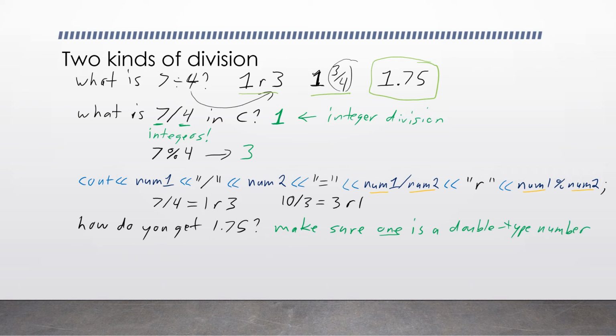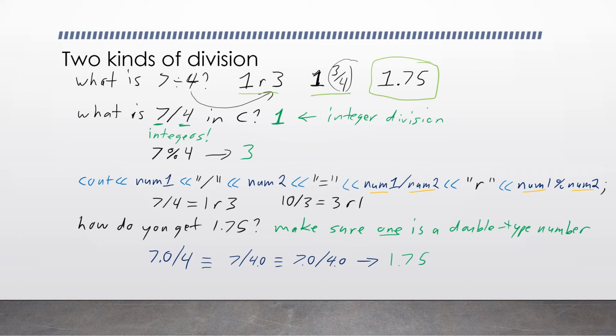So I could write 7.0 divided by 4, and that would be perfectly equivalent to writing 7 divided by 4.0, which would be perfectly equivalent to writing 7.0 divided by 4.0. Any of those is going to give me the answer 1.75.